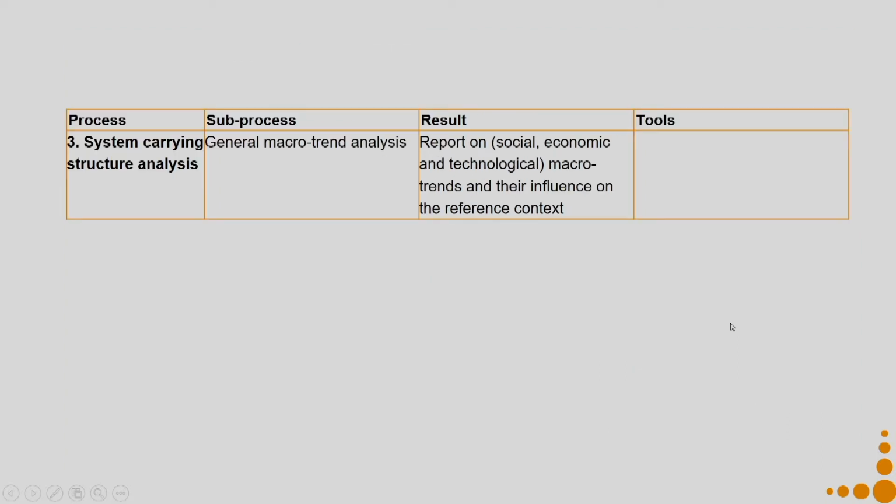The next part is called system carrying structure analysis. What we do here is a macro trend analysis. We try to identify the social, economic and technological macro trends and their influence on the reference context. It means, say in the context of safe drinking water, what are the social trends at this point of time?